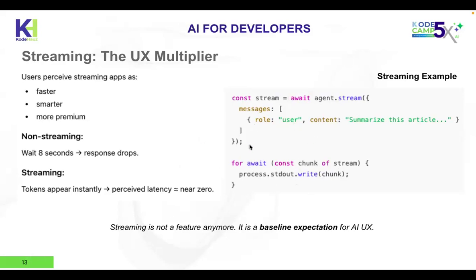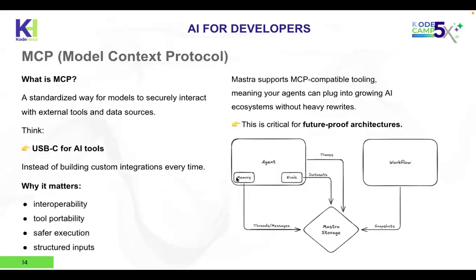So we're going to try some of these things later on. You can see that these days people are already used to streaming, so it's no more a feature. You cannot even be boasting and say, "Oh, I have streaming," right? It's kind of a baseline expectation these days.